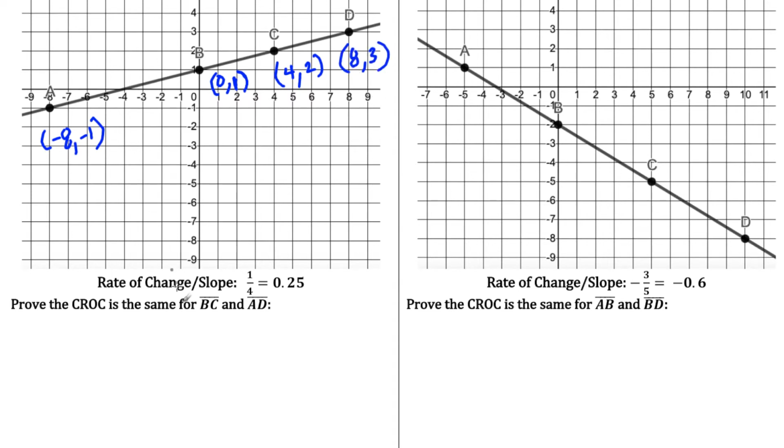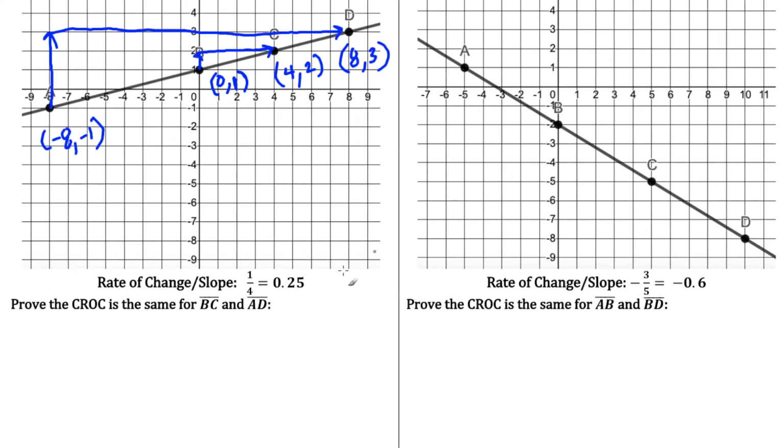So I want to show that the slope from B to C is equivalent to the slope from A to D. Let me try to draw that as okay as I can.